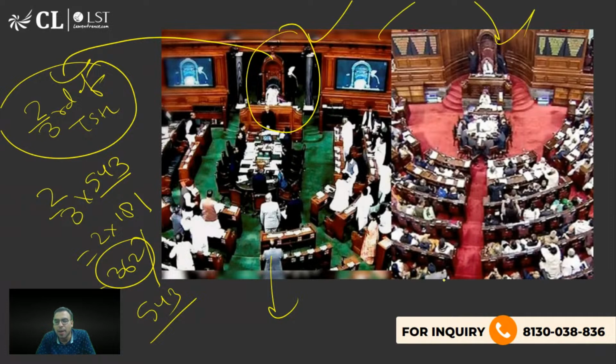Then it will go to the Rajya Sabha, and Rajya Sabha में 245 into 2/3, it means almost around, अब देख लेना, 81 point something into 2 आएगा, so 162 के आसपास आएगा, 161 162. So if these members actually vote for it, then if both the houses है ना 2/3 majority, say if both the houses passes the resolution by 2/3 majority, the president would be impeached.